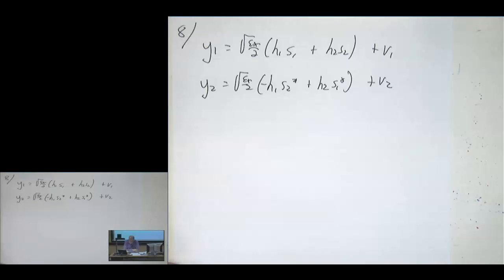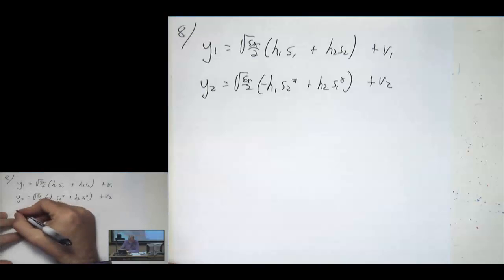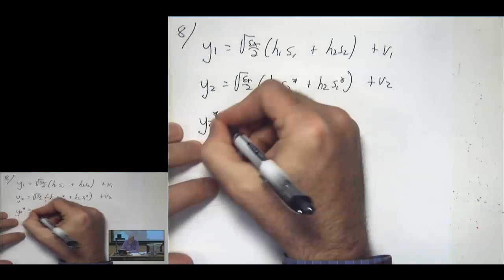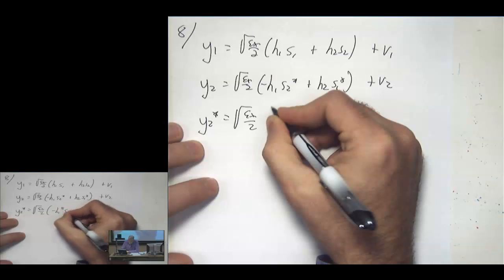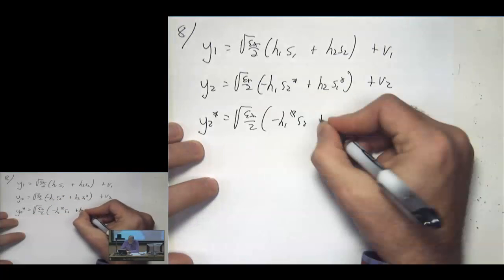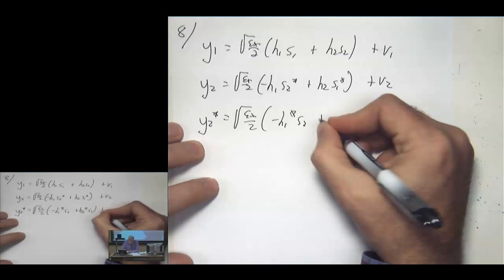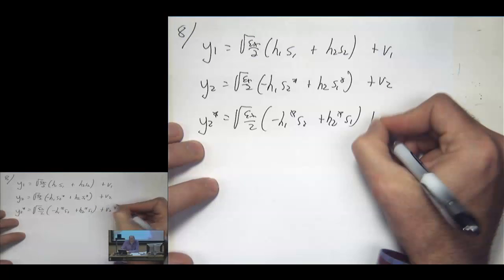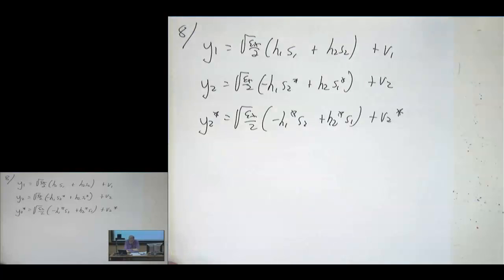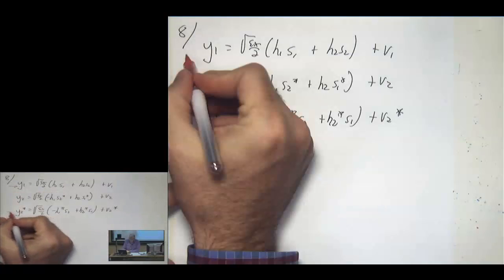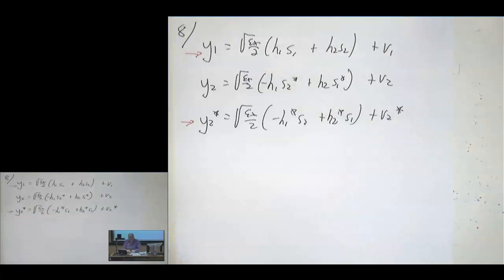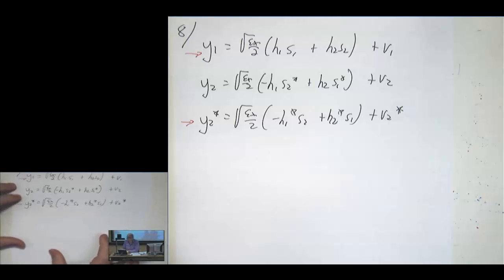Now, one of the first steps we want to take is to get rid of the conjugate because we are after the symbols. So we're going to take the conjugate of y2. We get square root of Ex over 2, minus h1 conjugate s2 plus h2 conjugate s1, plus v2 conjugate. And now I'm going to take this y and this y and stack them up into a vector matrix equation.